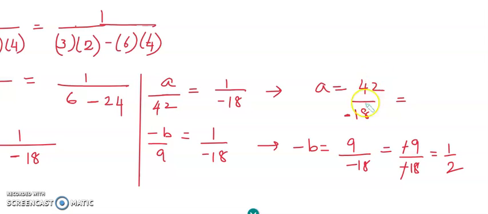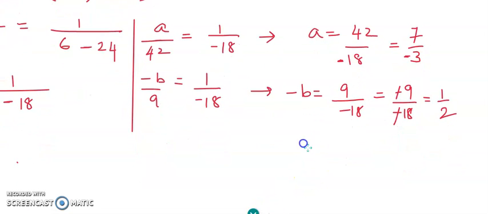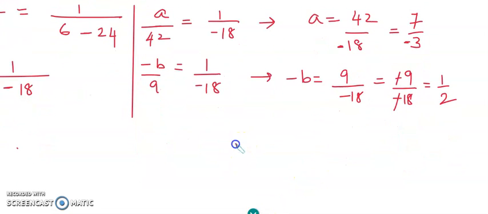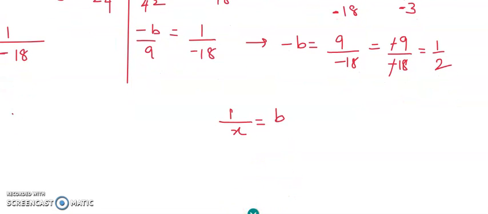For a, I'm going to end up with 7 by 3 with a negative. Am I done with the answer here? No, because it's a and b, so my final answer is x and y. So 1 upon x equals 1 upon 2, so x equals 2.